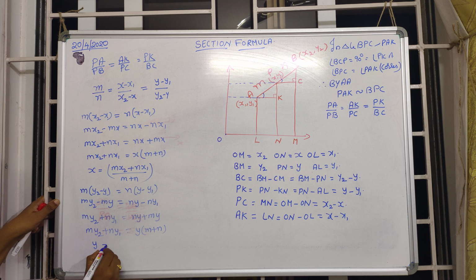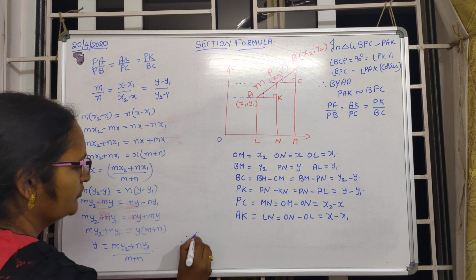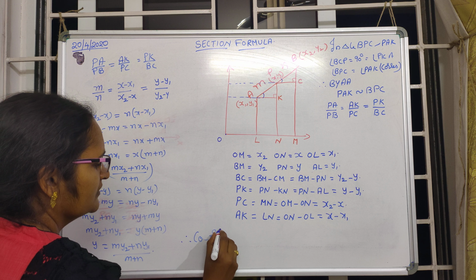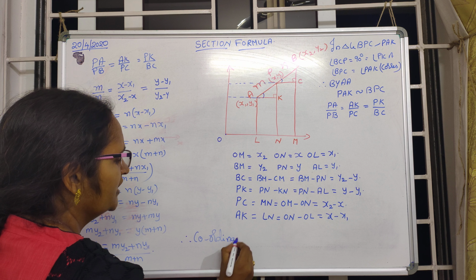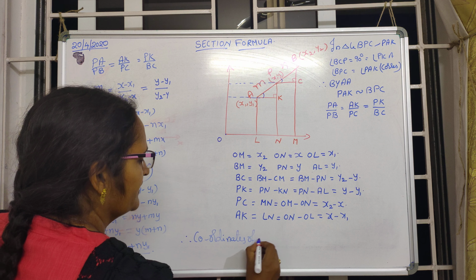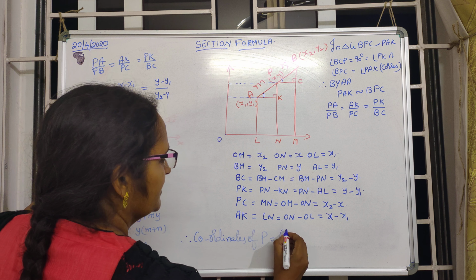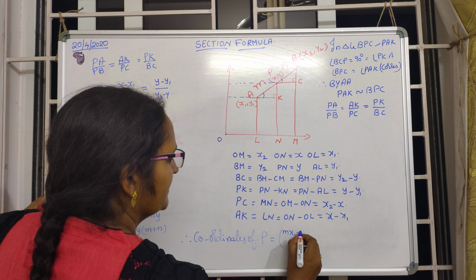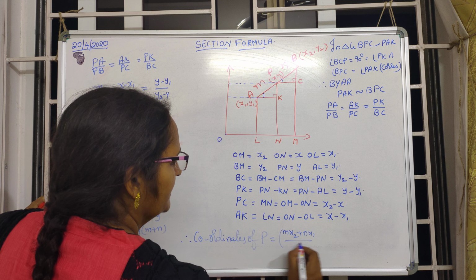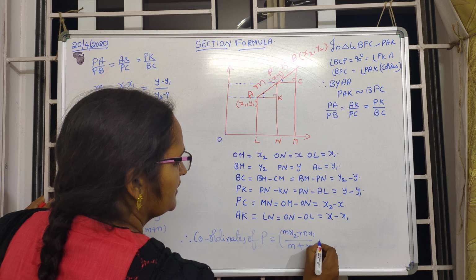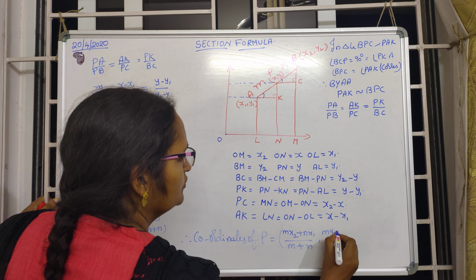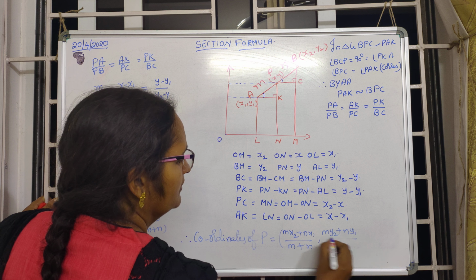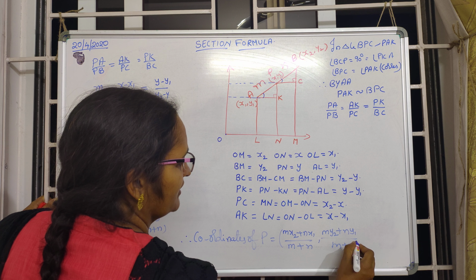Therefore y equal to my2 plus ny1 by m plus n. Therefore coordinates of P equal to mx2 plus nx1 by m plus n, comma my2 plus ny1 by m plus n.